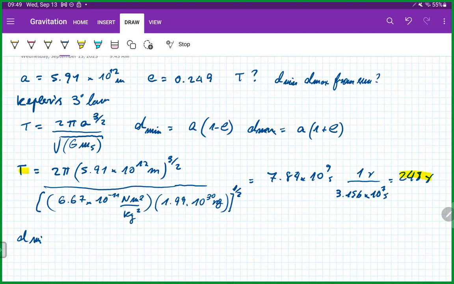Yeah, I was looking for the mass of the sun. I said Pluto, but it's the mass of the sun, 1.989 times 10 to the 30. So I put 1.99, but yeah.